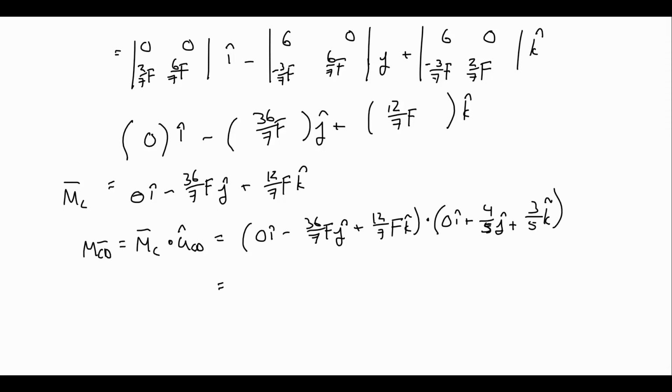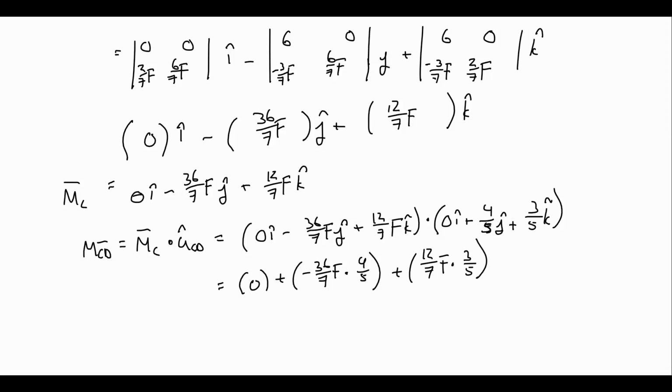Remember, for a dot product, I am going to have two vectors go in, but a scalar quantity come out. Because what I'm going to do here is multiply the like terms, or the coefficients in front of the like terms. So I'll have 0 times 0, plus negative 36/7 f times 4/5, those are the j terms, plus 12/7 f times 3/5, the k terms.